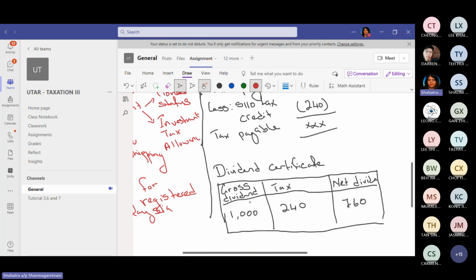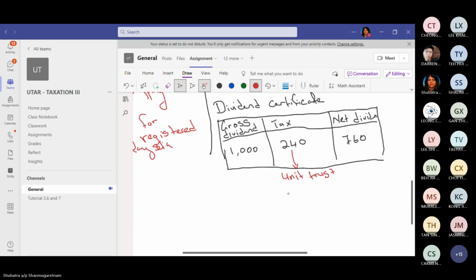Your gross dividend is 1,000. The unit trust will minus this tax amount, $240.